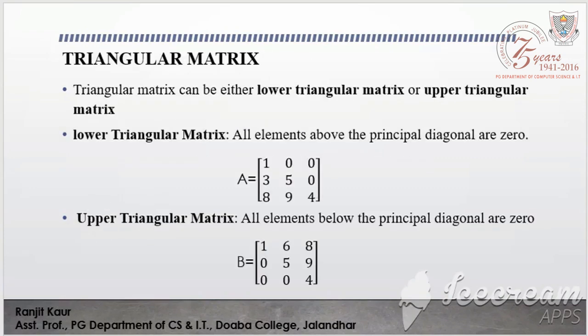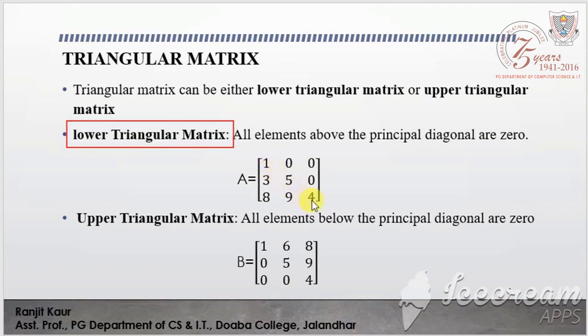So now let's see the next type of matrix. The next matrix is triangular matrix. So triangular matrix can be either lower triangular or upper triangular. So what is lower triangular matrix? If all the elements above the principal diagonal are 0, okay, above the principal diagonal. As you can see over here, this is our principal diagonal.